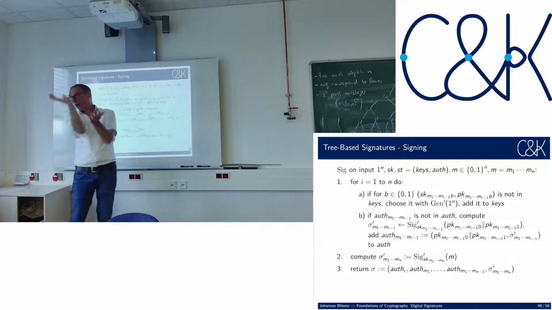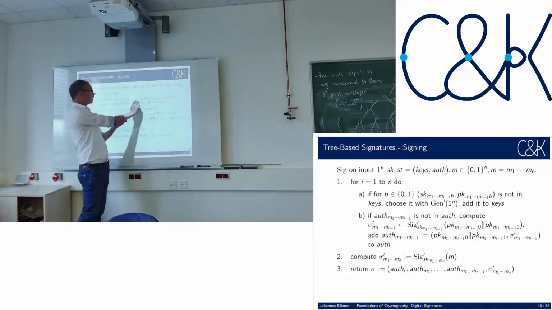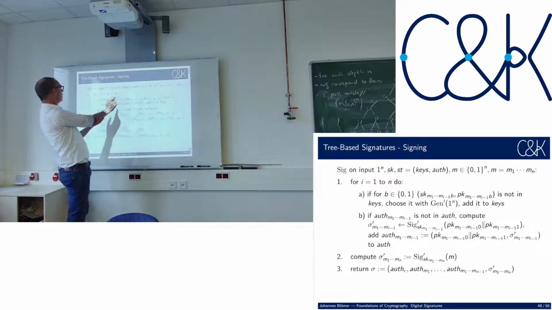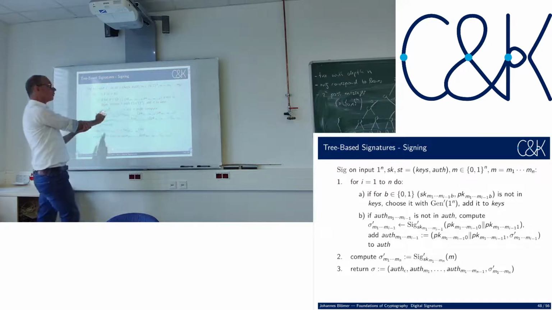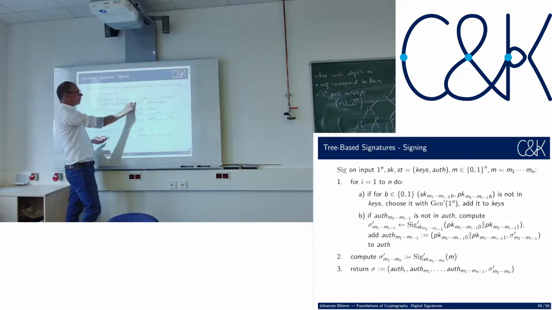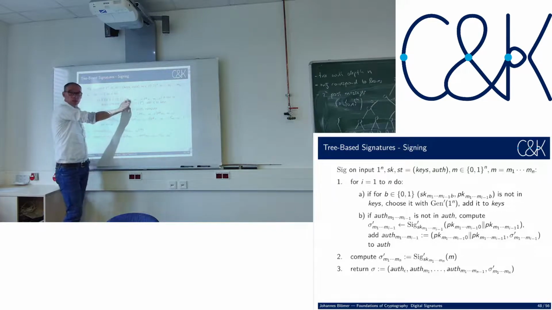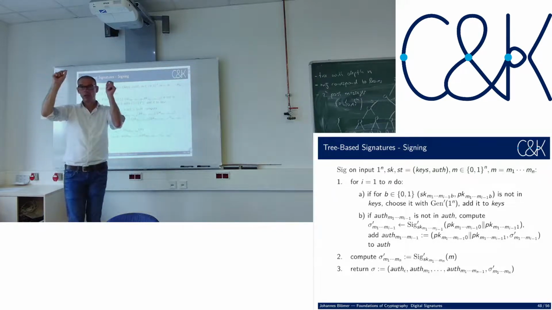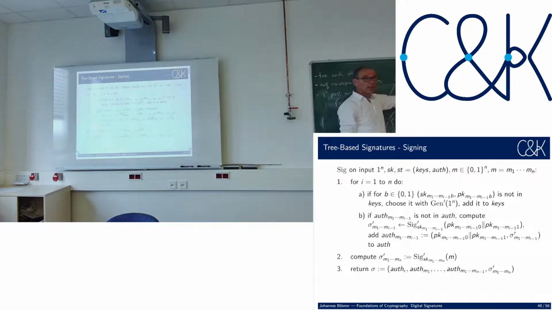You go downward. For i equals 1, you just check whether the 2 children of the root have already been assigned secret-public keys.